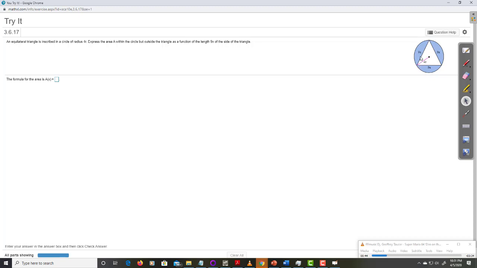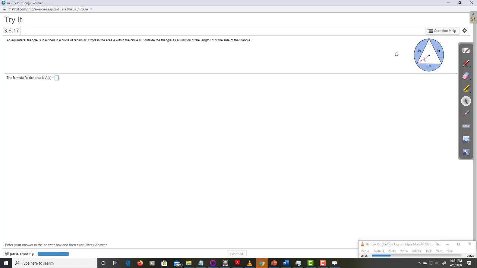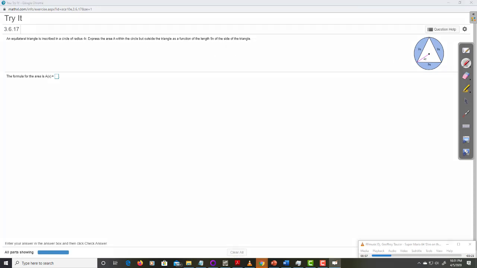Normally we would just label it r, but it's 4r here. Side of the triangle is 9x. So using the exact same rules, we know that 4r squared equals 9x squared divided by 3. And that means we're going to get 81x squared over 3, which is 27x squared. And that's just a bit screwed up, but it's what we got.